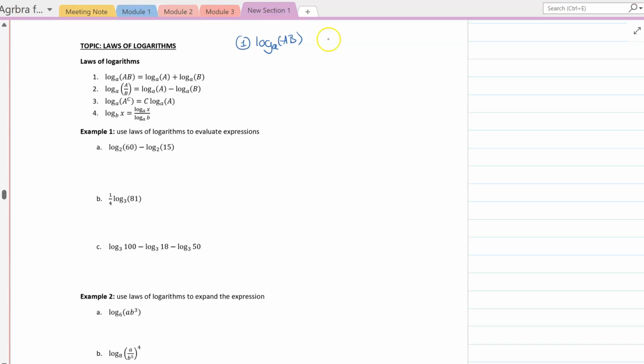Let's go ahead and let x equal log base a of A and y equal log base a of B. Then log base a of A times B is the same as saying log base a of a to the x times a to the y.